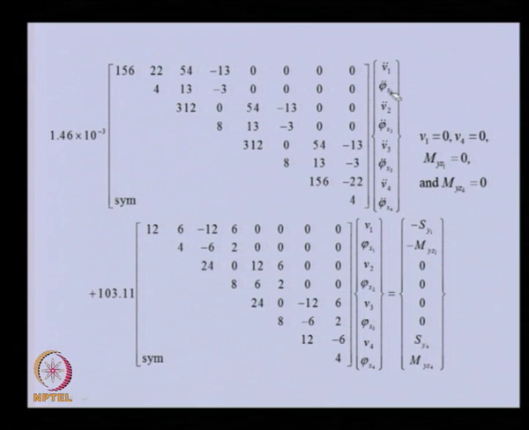We have 4 nodes, and each node has 2 degrees of freedom, so this vector has size 8 by 1 and the mass matrix has size 8 by 8. This is symmetric, so only one portion of the off-diagonal terms has been shown.